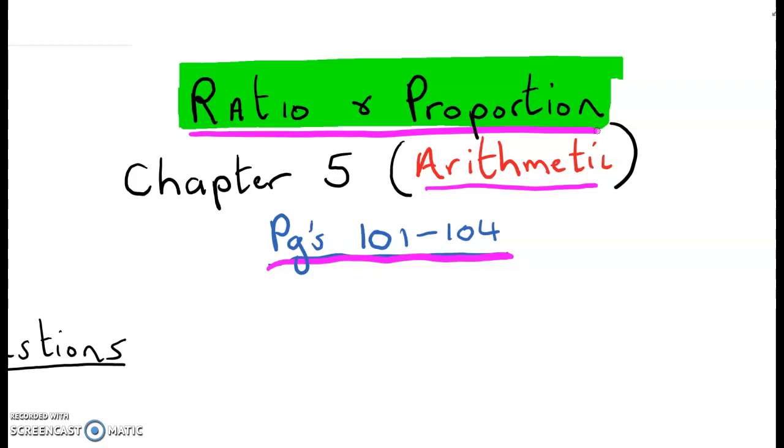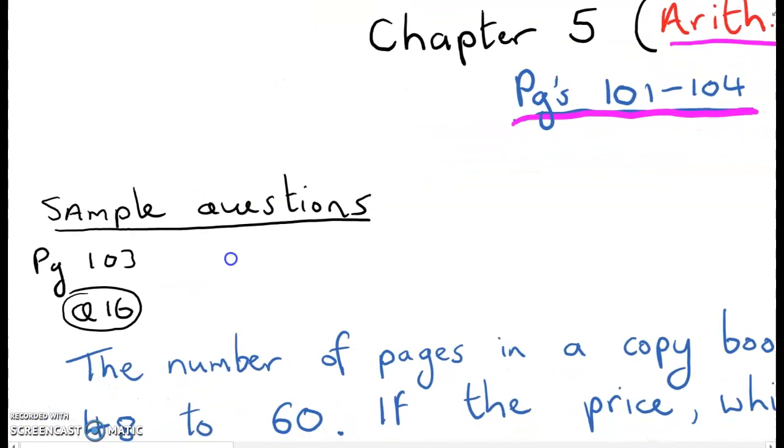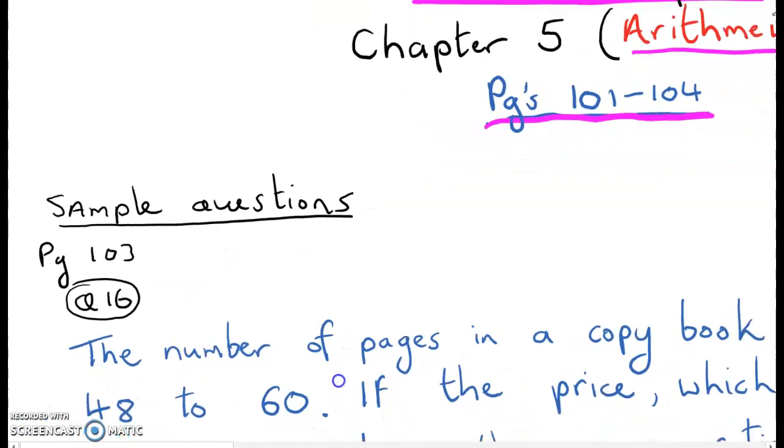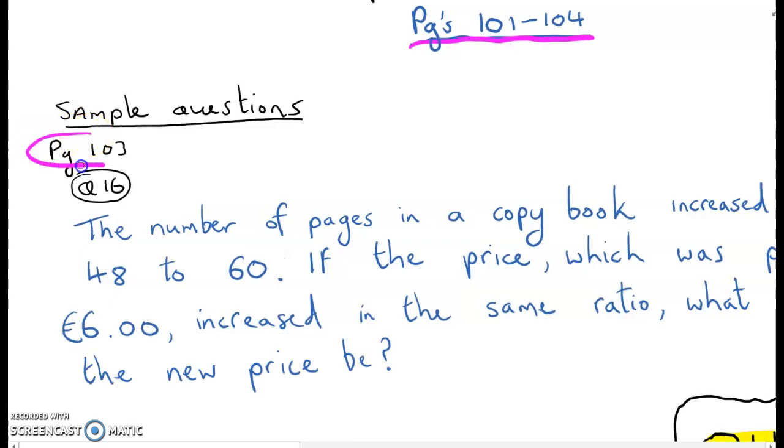But let's start with ratio and proportion because it's a topic that can confuse people a lot, but really it can be very straightforward if we follow the 4 steps. So let's take a look at some sample questions that are actually in your book. The first sample question is on page 103, question 16.